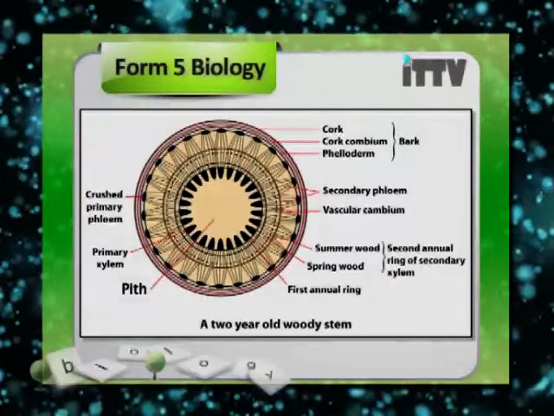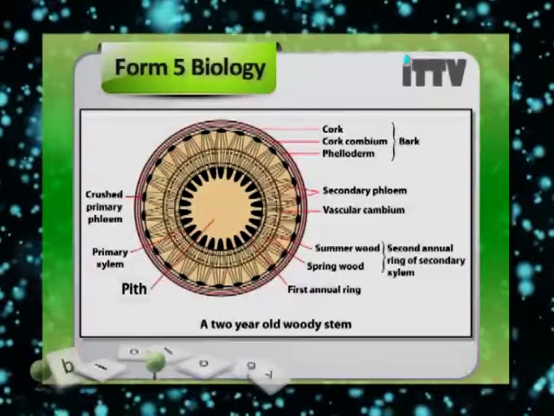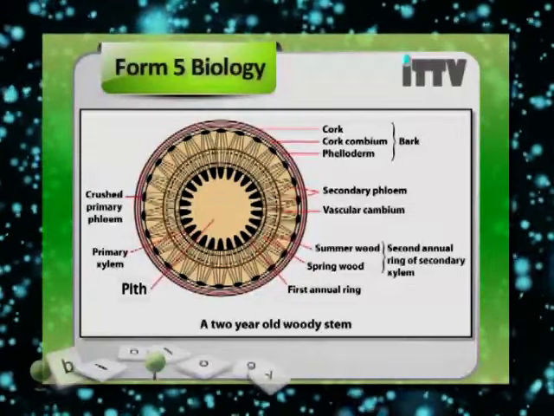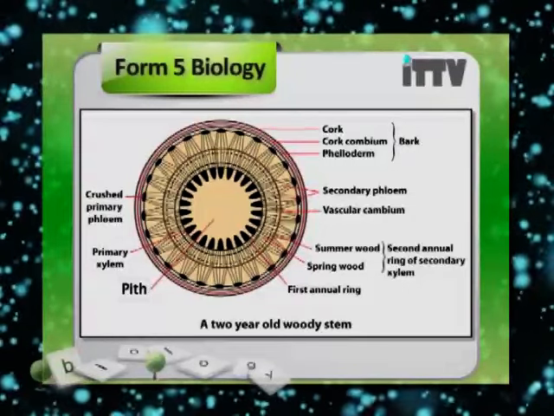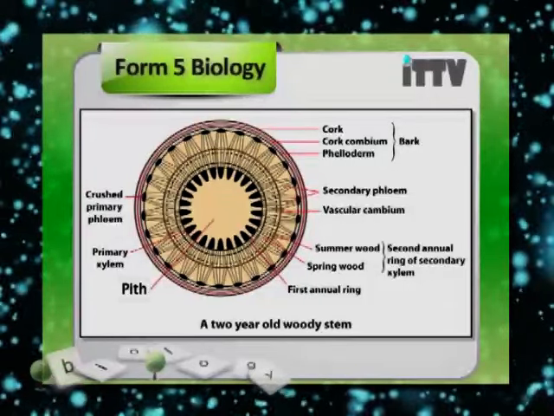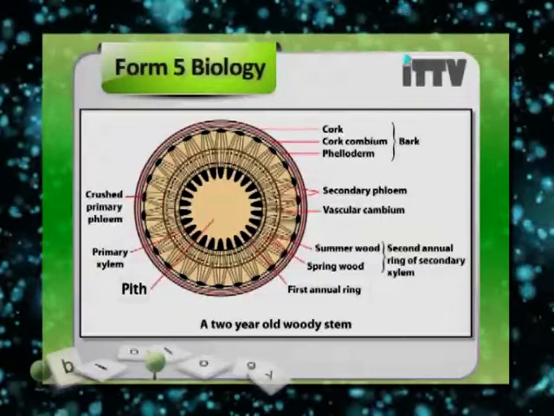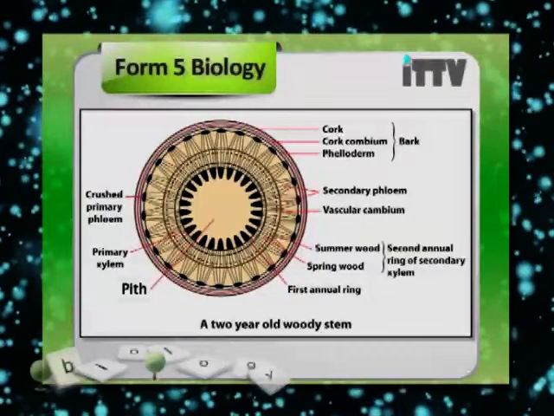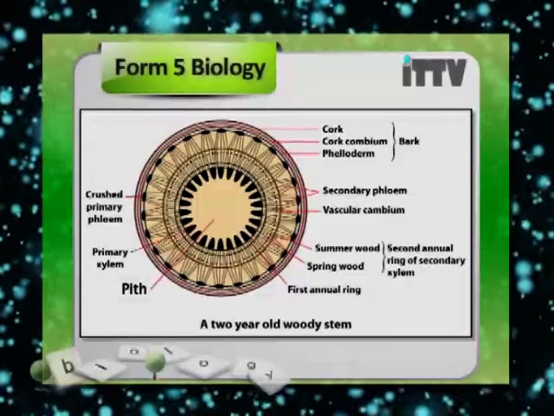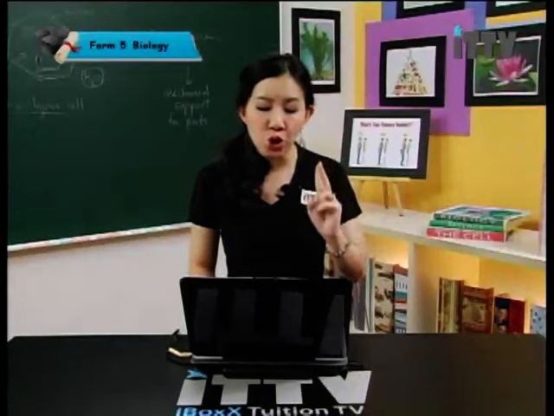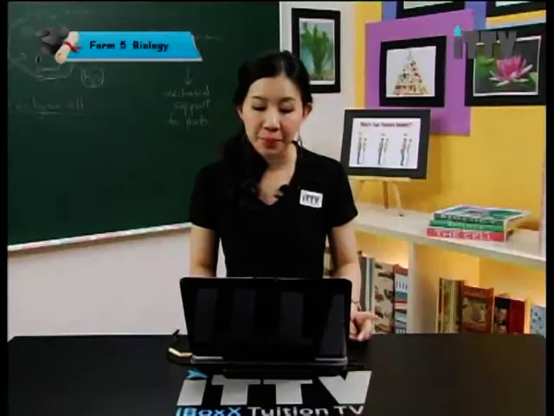A lot of researchers have noted that they can determine the age of the woody plant by looking at the number of annual rings that it has, because every year the plant will add one ring into the stem of the plant. So this is a 2-year-old woody stem, so it would have 2 annual rings added.